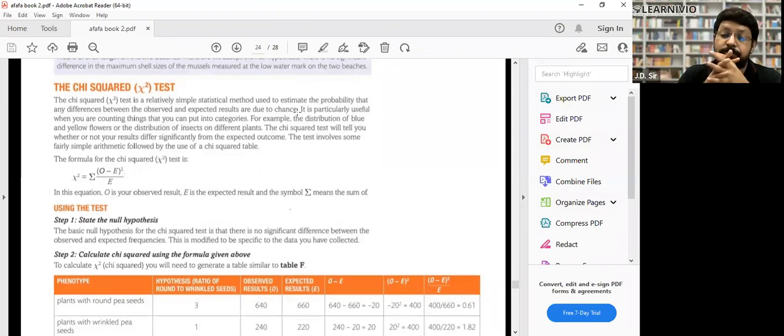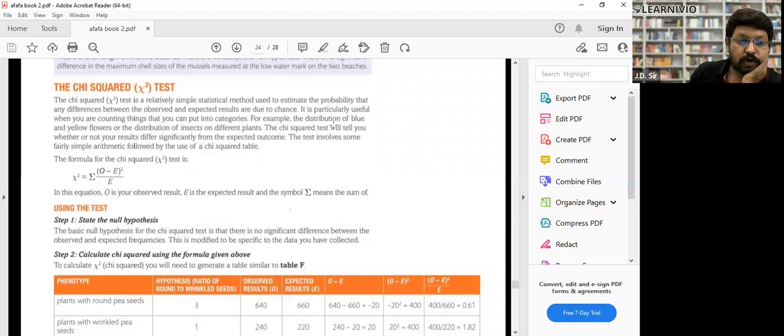Like, for example, the blood pressure of a normal human being should be 80/120. Now you have collected a sample of 10 students and you are checking the reality. Does it really work or not? Then you have to use the x-square test, these kinds of tests. Now come to over here.